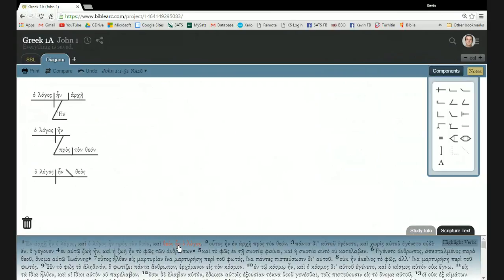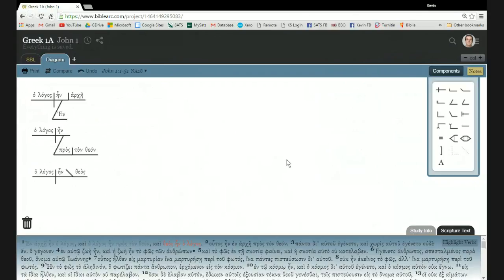It's put in front of the verb en, and if we get a little bit more advanced, you will learn that that tends to emphasize the qualitative nature of the predicate. So what this is saying in effect is that the word was theos, meaning not that the word was the same person as theos, we've already said he was separate over here, but rather the word was in all respects the same as theos. He was qualitatively God. Alright, so that is a good example of a predicate nominative where the complement of the stative verb is expressed in the nominative case.